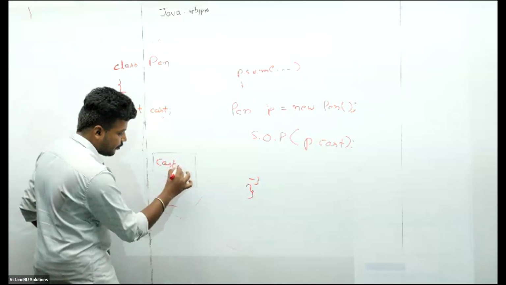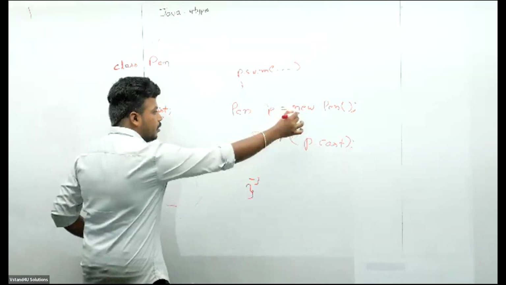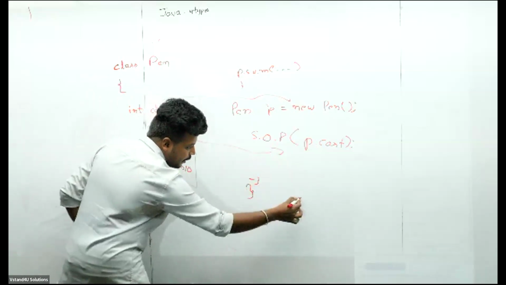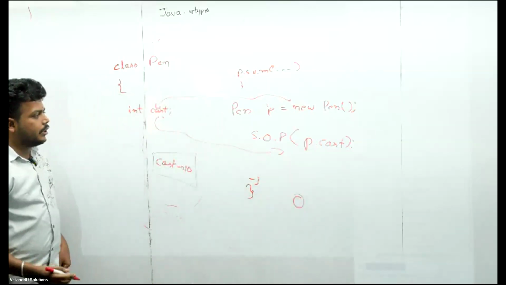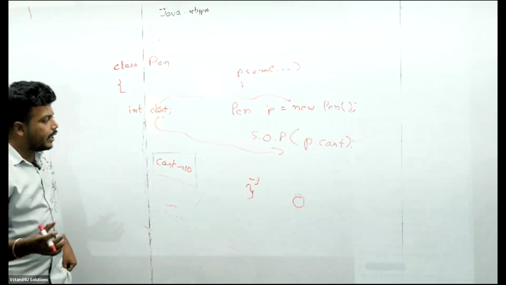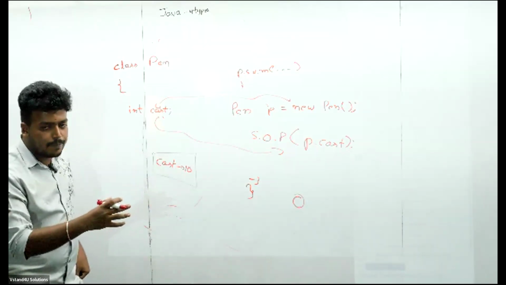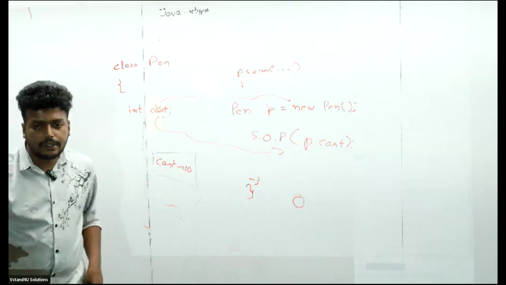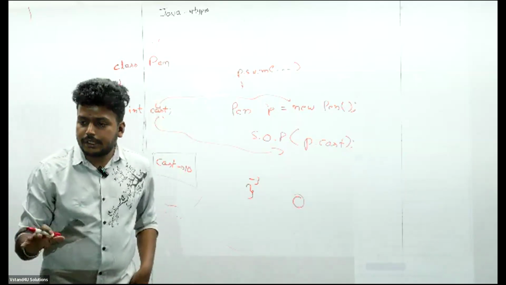The controller goes here, then the controller comes here, and you will get the default value. When you are not initializing the value, the compiler will give the default value for the particular data type.